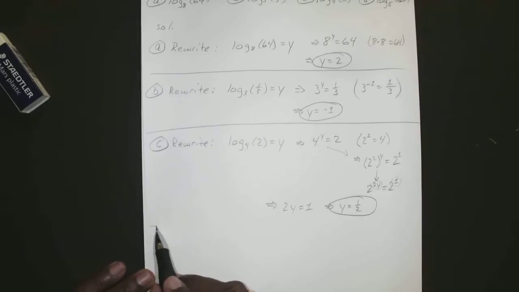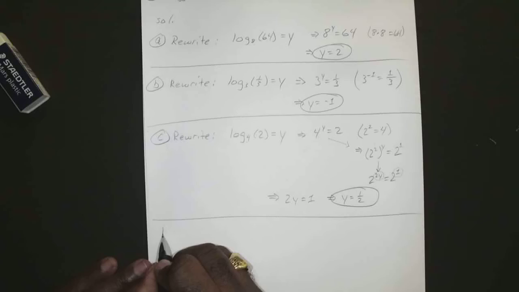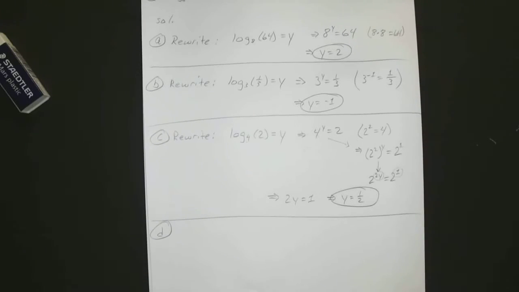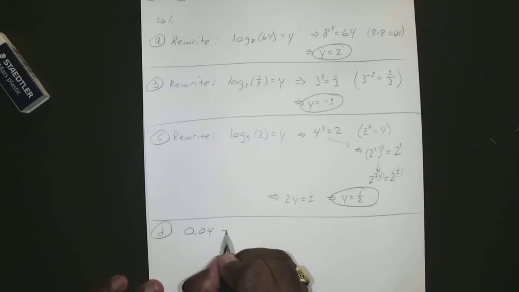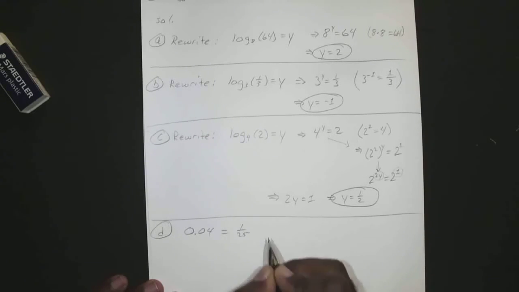Okay, and for D, you won't see one like D on the test, but I think they have some like it on the homework, so I just wanted to make sure it was covered. Okay, so we know that 0.04 is actually equal to 1/25.